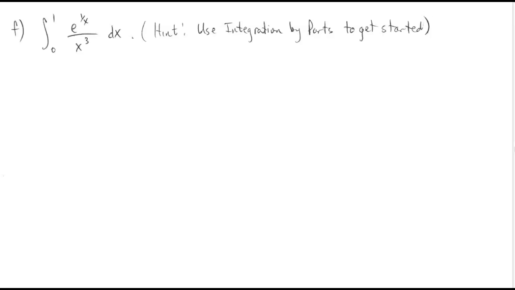Okay, so we do the same thing that we did for the previous example, which is that we try to do the best that we can to evaluate it using the definition of what an improper integral is. So here we'll say the limit as, since this is going to be the lower limit, I'll call it a this time, as a approaches 0 from the right of the integral from a to 1 of x raised to the negative 3 e raised to the 1 over x dx.